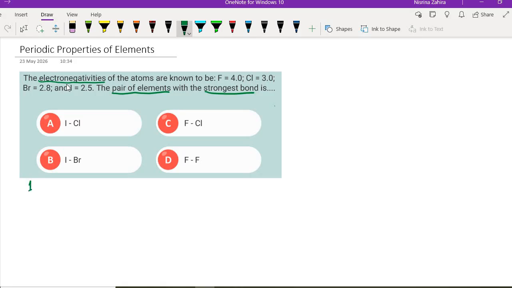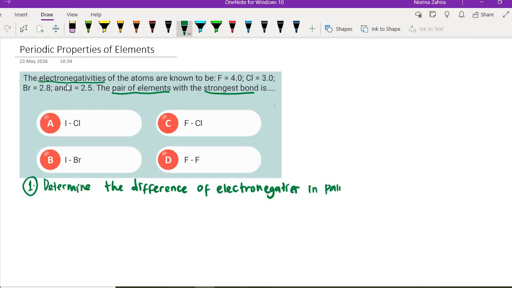The first step that you have to do is determine the difference of electronegativities in each pair of elements. So this is the clue.